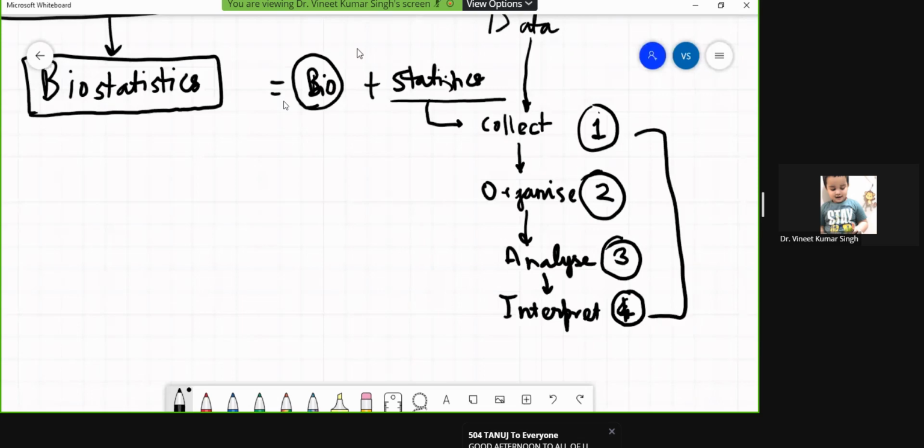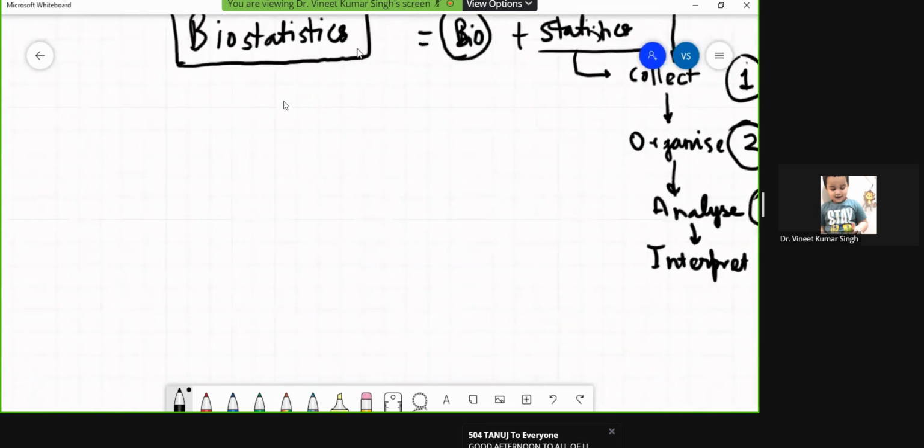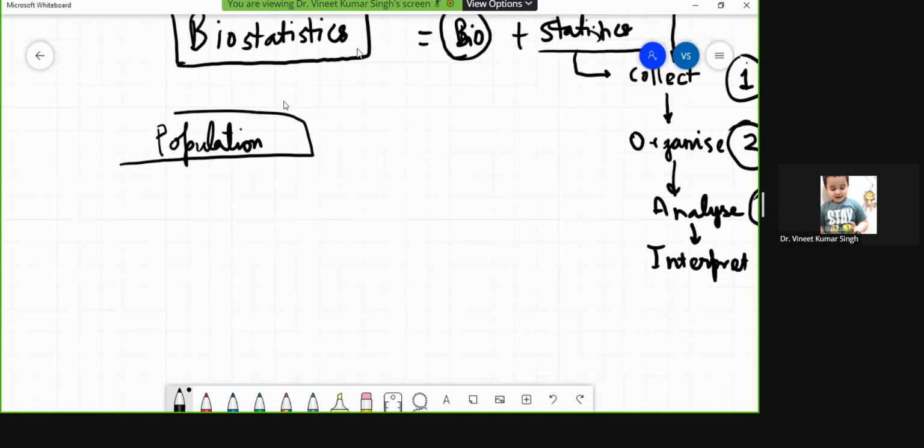Okay, so the first thing we need to know is population. What is a population? कहाँ से data लिया जाएगा? From a population. So population is basically the total number of individual observations from which inferences are to be made.